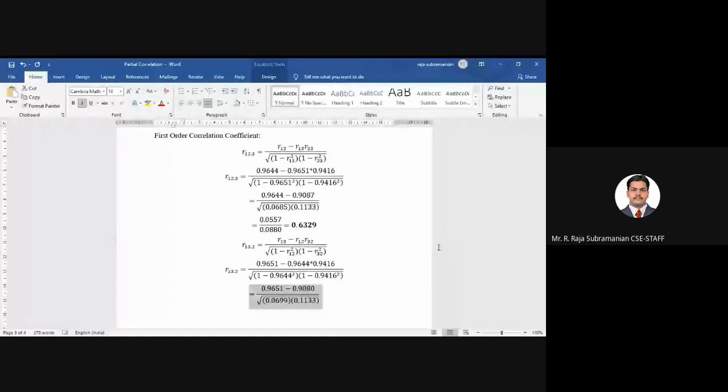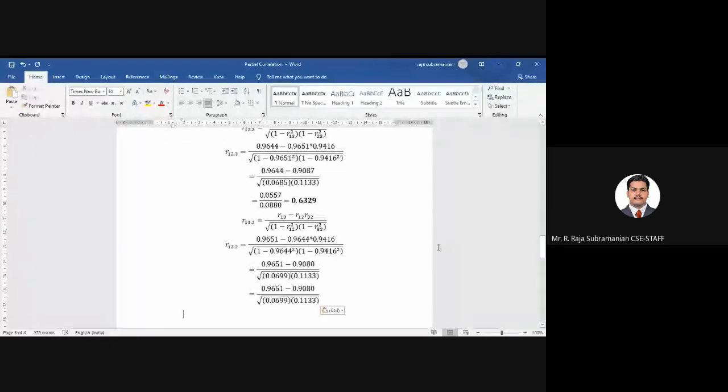And this complete 0.0699 into 0.1133, whole square root. What is that? 0.0889. Okay.